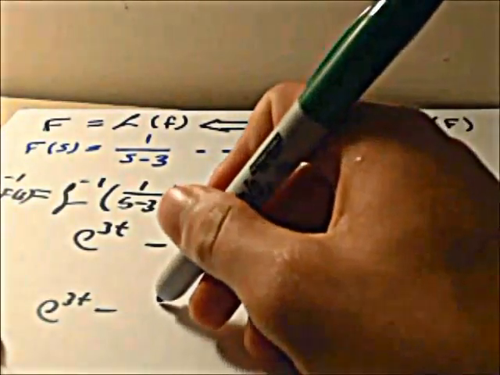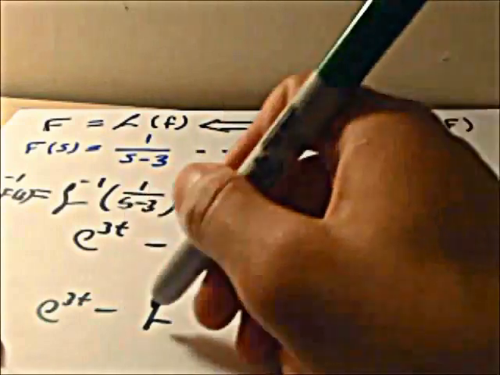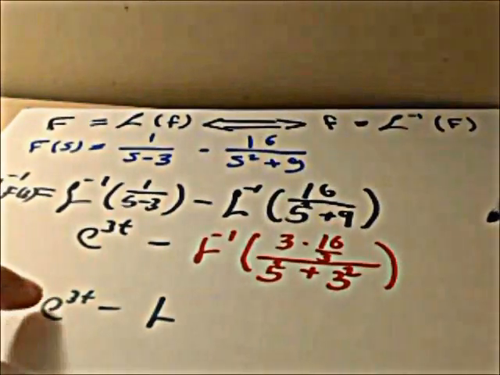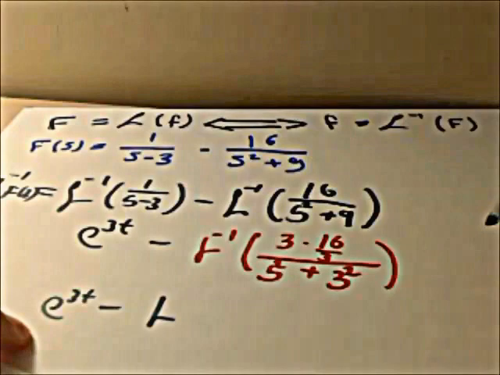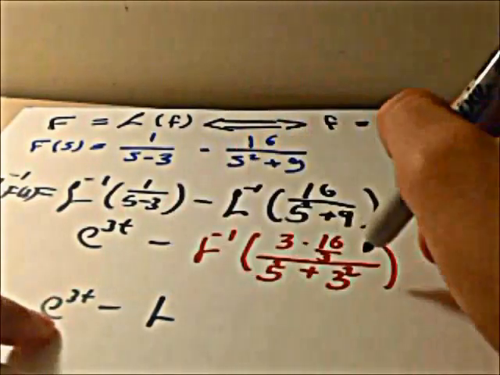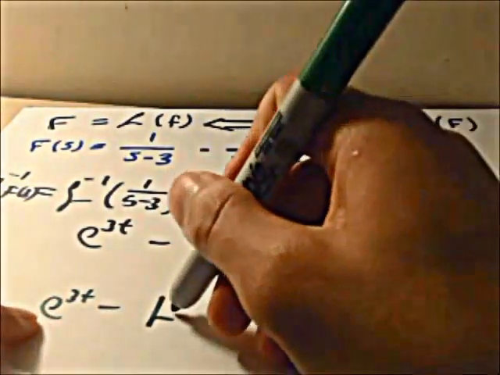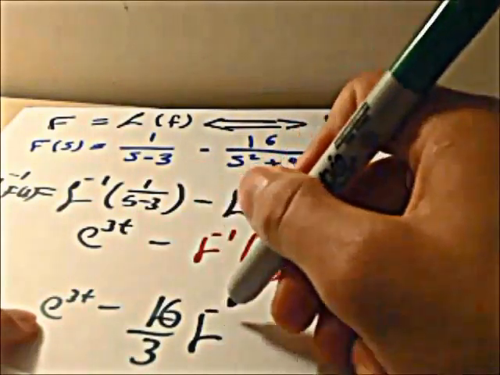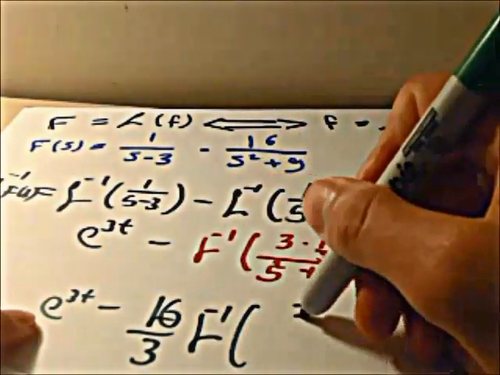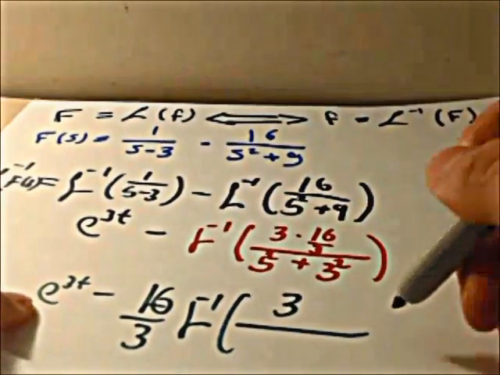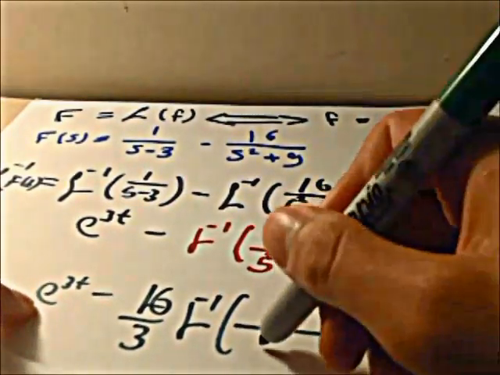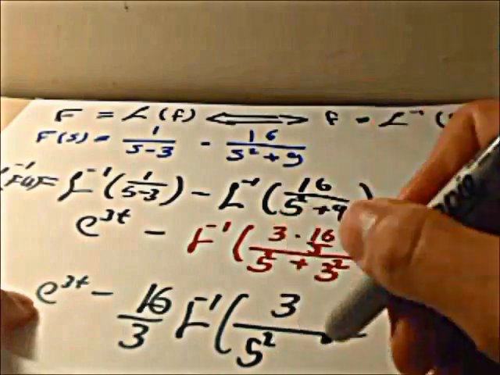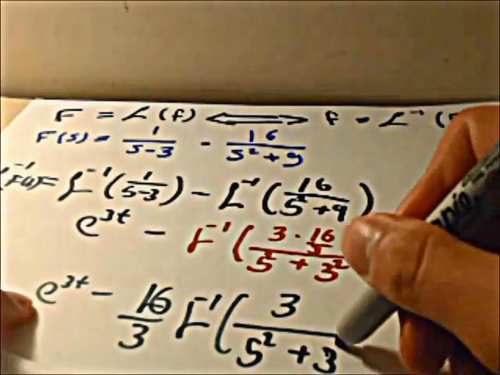So we have e to the power 3t, which we already took the inverse Laplace of, and I'm going to take 16 over 3 outside the inverse Laplace, and take the inverse Laplace of my expression, which has 3 in the numerator and s squared plus 3 squared as the denominator.